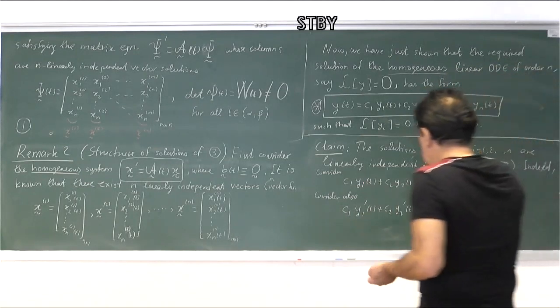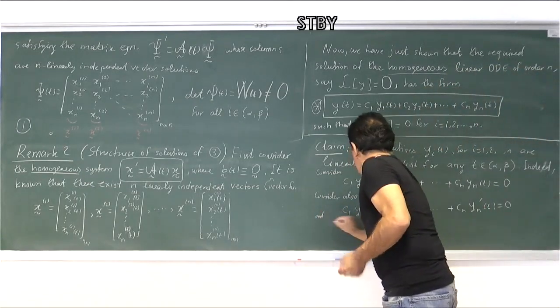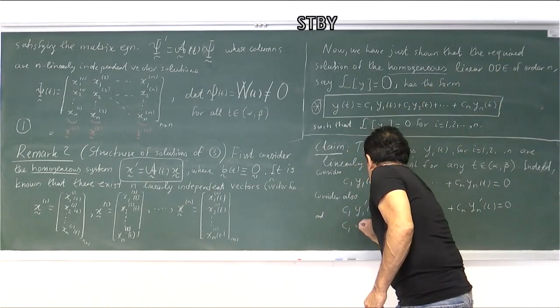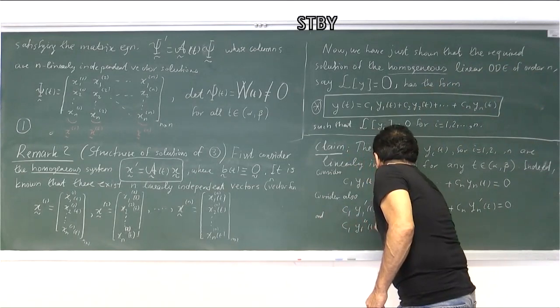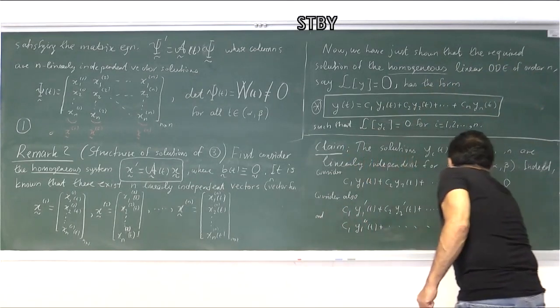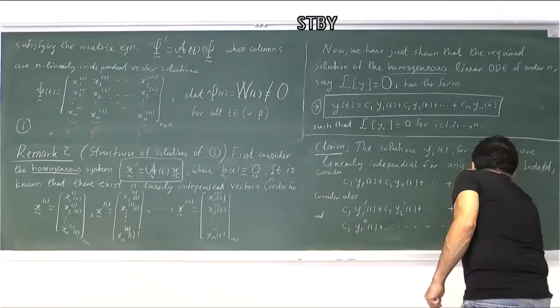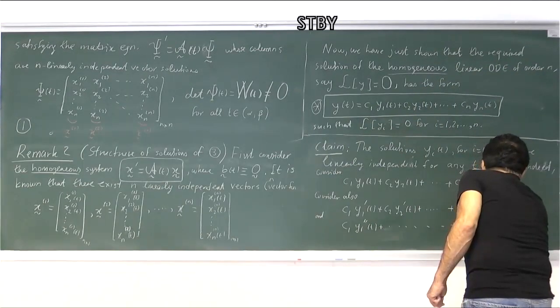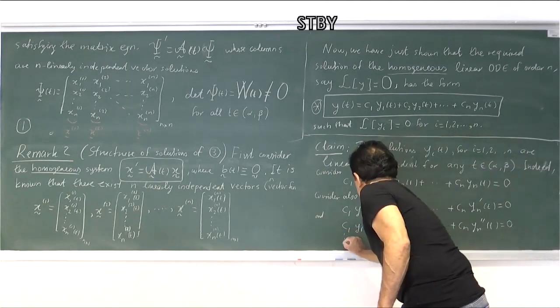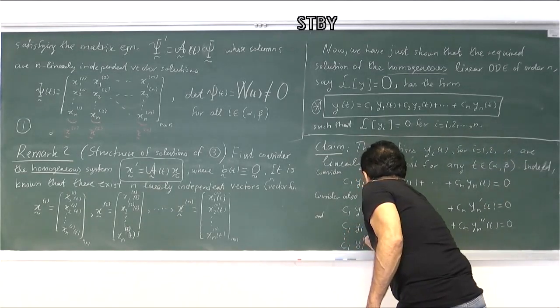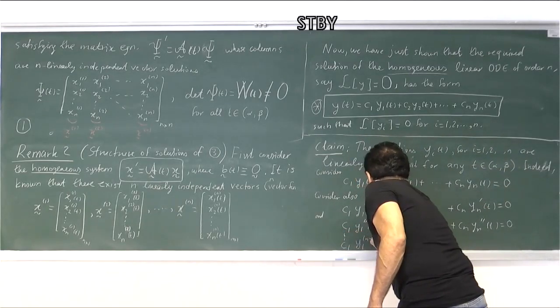And continuing in this way, you can take the second derivative. Yn double prime of t is 0. And finally, you can take the n minus first derivative.